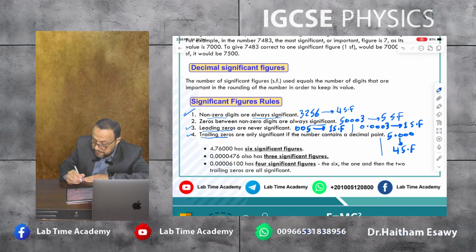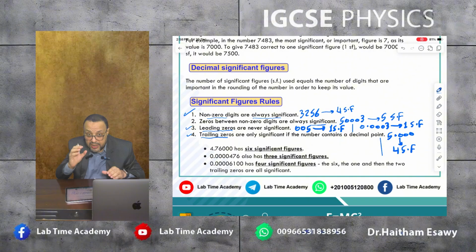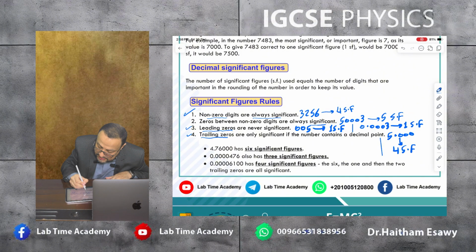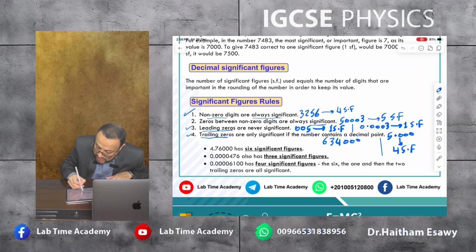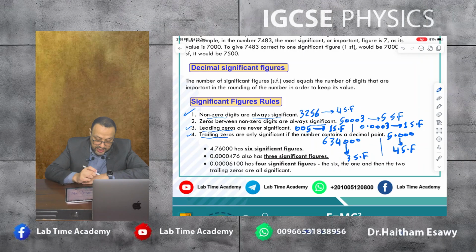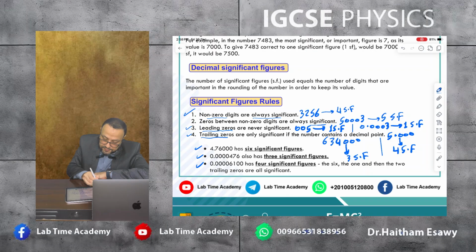But if there is no decimal and we have zeros on the right, you will not count them. For example, you have 3, 4, 0, 0, 0. We have here trailing zeros, but there is no decimal, so you will not count them. So we only have 1, 2, 3. So we have 3 SF, 3 significant figures. And here we have many examples for that. For example, let's talk about the last one.